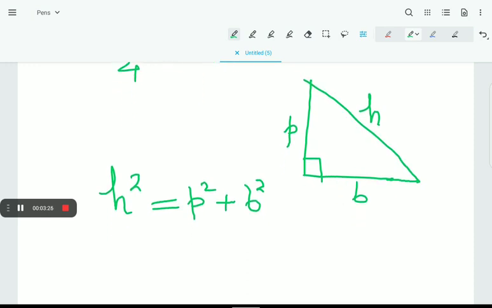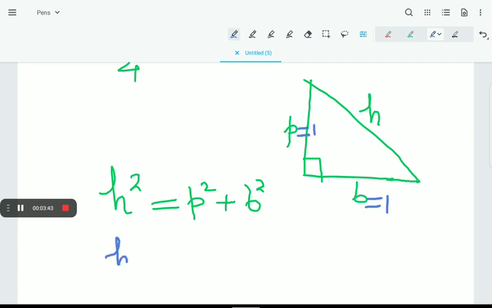However, let's try to compute the length of the hypotenuse of a right angle triangle whose base is 1 unit and perpendicular is also 1 unit.